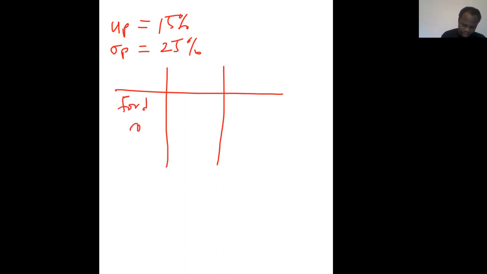So let's try and write these two, then we can compare. We have Ford, we have Coors, and then we have the portfolio, the combination of the two. So let's write the mu, the return here, and the volatility here.